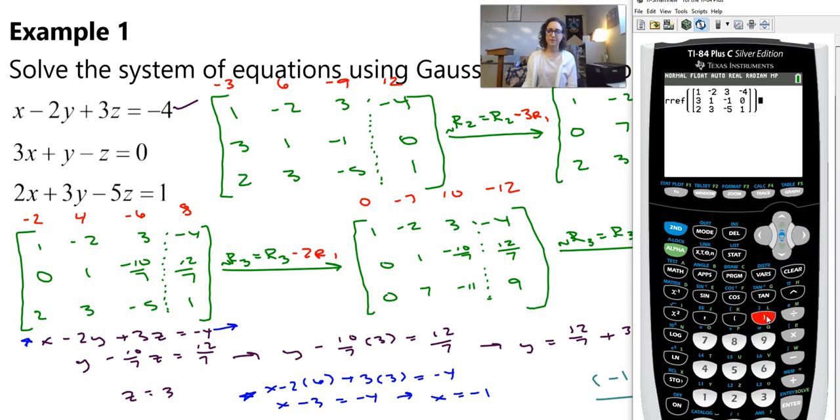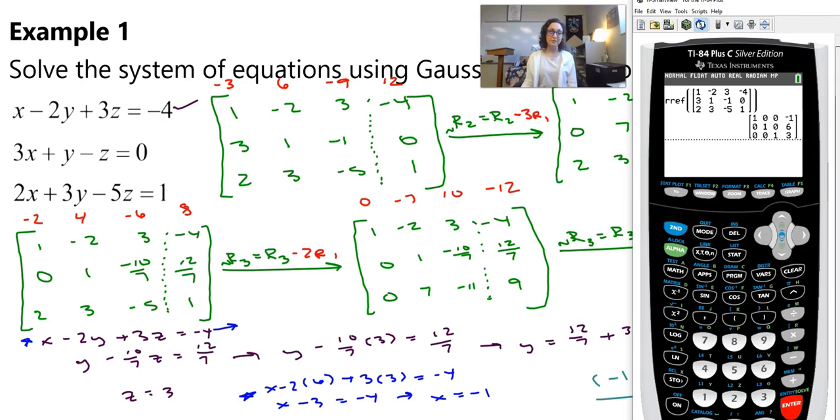Okay, so we're going to take reduced row echelon form of that matrix, hit enter. Look at your last column there, -1, 6, 3. Thank you, calculator. So that top row is saying x equals -1, the middle row says y equals 6, and the bottom row says z equals 3, which is exactly what we got with all that work, and the calculator did it much faster for us.